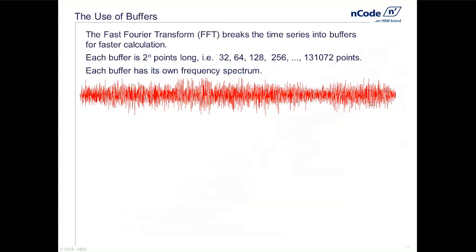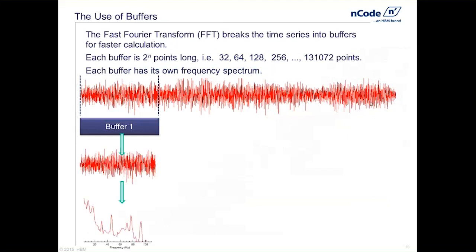And when that happens, we will extract a certain number of data points, in the form of 2 to the n power of data points, and we will then look at the frequency content of that first buffer.